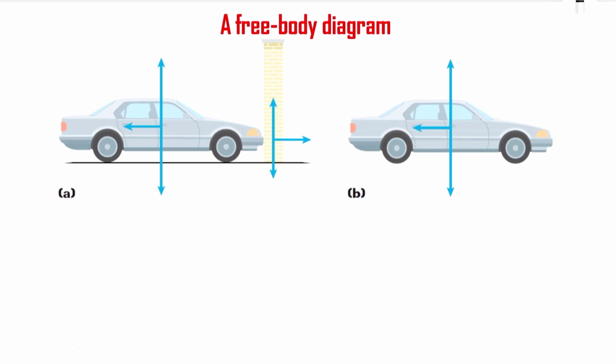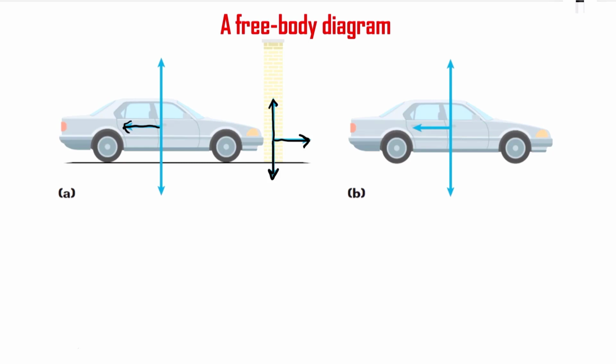In picture A, if the car hits the wall, for example, the car applies a force to the wall, and the car itself has weight, so because of its weight, it's applying force downward, and the earth applies a force on it. And when the car hits the wall, the wall can apply a force on it in the opposite direction.